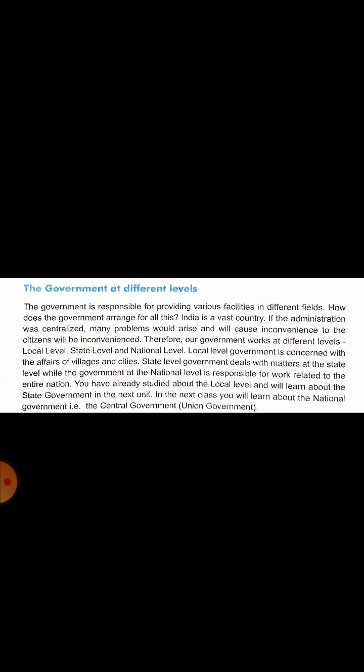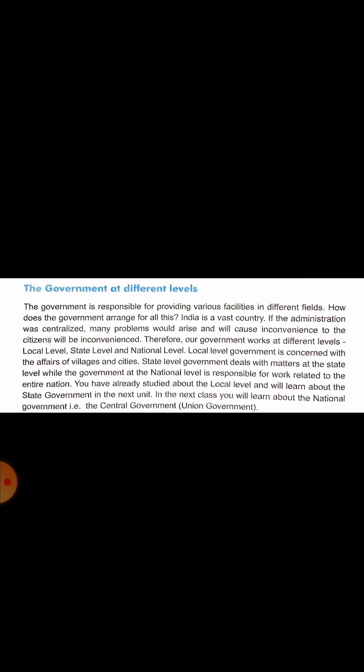The next one is the state level. State level government deals with matters at the state's level, while the government at the national level is responsible for work related to the entire nation. So the next one is the state government.